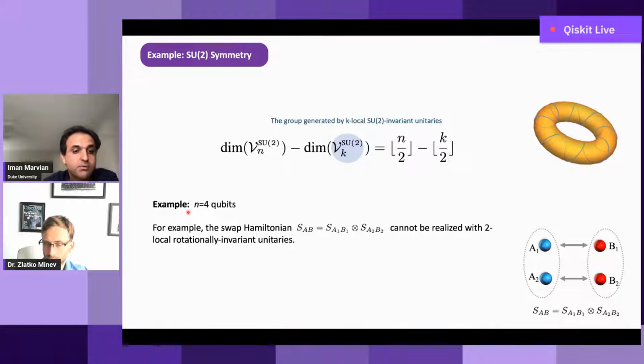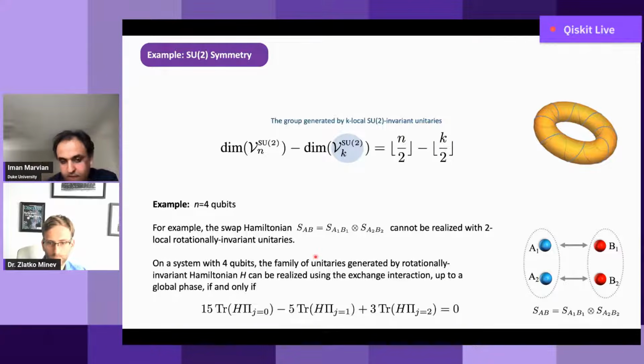If you remember the example of the multi-qubit swap Hamiltonian that I discussed before, it turns out that in this case, the family of Hamiltonians generated by this multi-qubit swap cannot be realized with 2-local rotationally invariant unitaries. So the answer to the question that I asked before is no, this family cannot be realized.